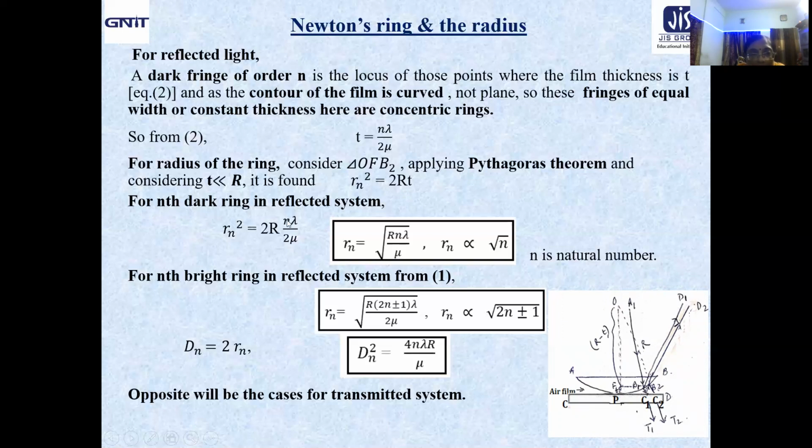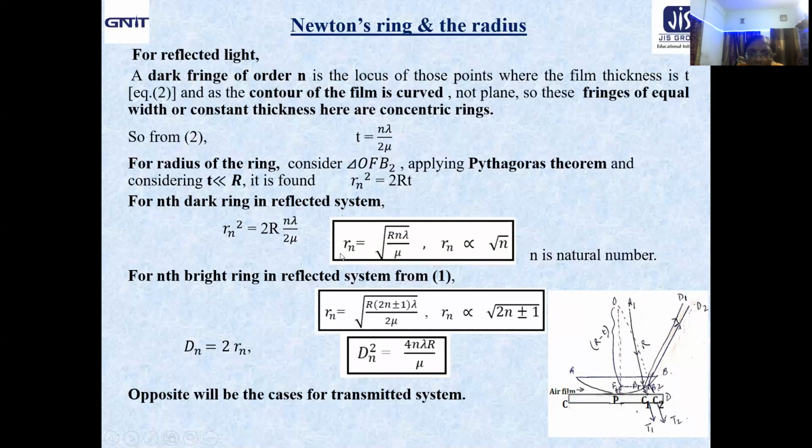Now for the nth dark ring in the reflected system, what about the T value? That means the constant thickness whose locus gives you the rings. The value is nλ by twice μ. So put here Rn square equals 2R into nλ by twice μ. What you will find? 2 will cancel out, Rn square equals Rnλ by μ.